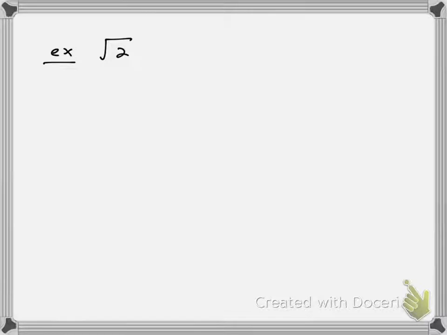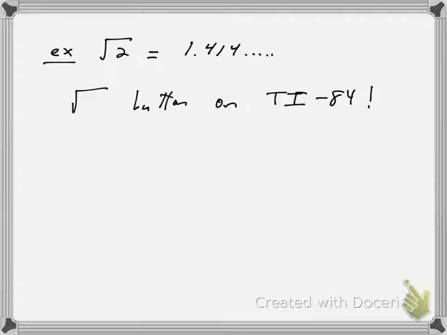So this answer is somewhere between 1 and 2, and it actually turns out to be 1.414, and it goes on forever and has no repeating pattern and never terminates. You could plug it into your calculator. On your calculator, there is a square root button. Okay, and we're going to use that in here.